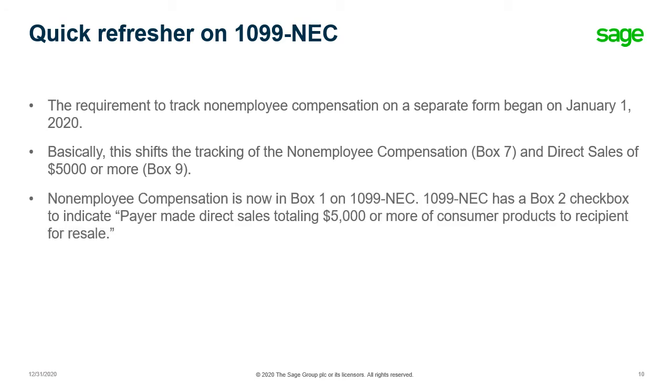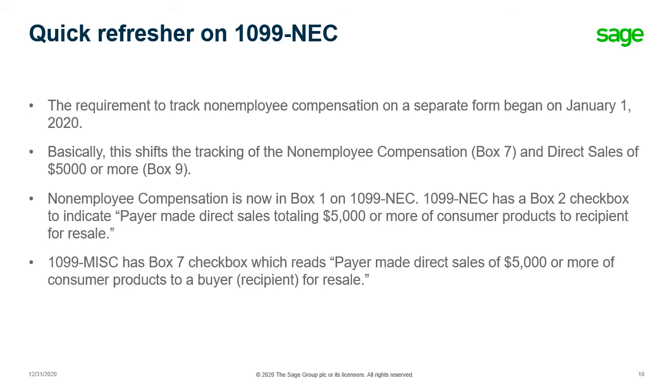So now the non-employee compensation is in box 1 on 1099 NEC. 1099 NEC has a box 2 checkbox to indicate payer made direct sales totaling $5,000 or more of consumer products to recipient for resale. Then the 1099 miscellaneous has box 7 checkbox, which reads payer made direct sales of $5,000 or more of consumer products to a buyer (recipient) for resale.